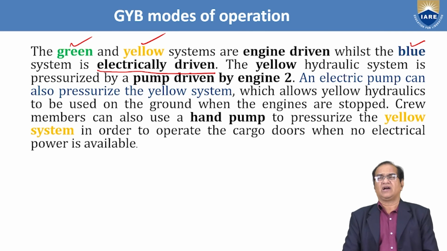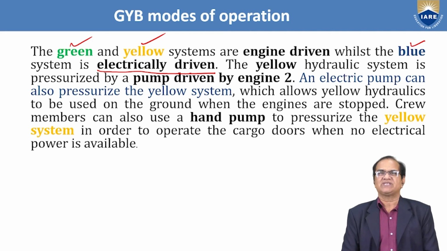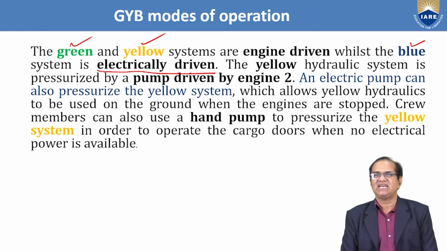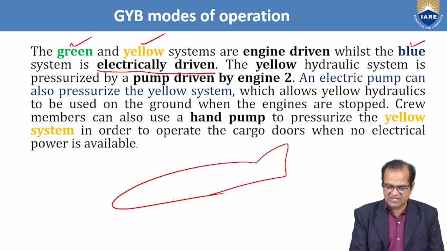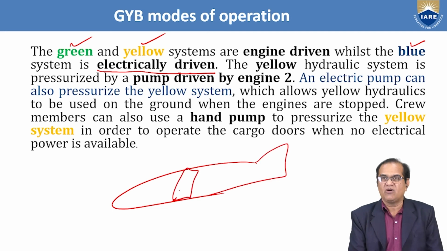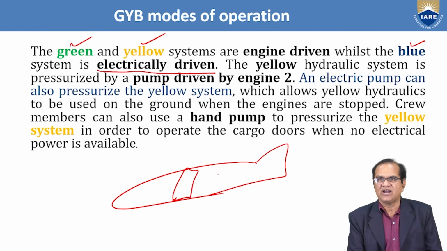So on the ground, for maintenance work, an electric pump can pressurize the yellow system, which allows the yellow hydraulic system to be used when the engines are stopped. Crew members can also use the hand pump to pressurize the yellow system in order to operate the cargo door when no electrical power is available. So if this is your aircraft and here is a door, and you want to operate this door, there is a hydraulic hand pump like this.